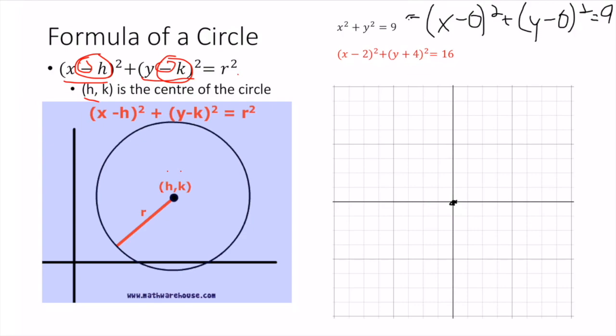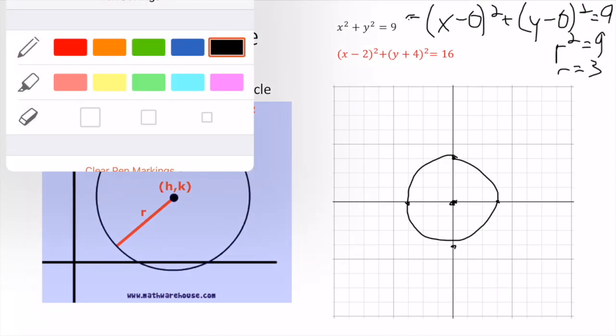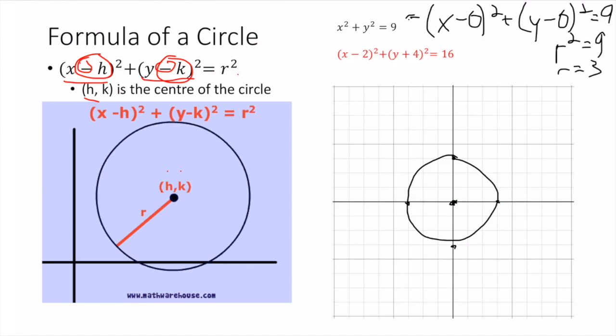R squared equals 9, which means my radius is just 3. If I were to draw this, my radius, all of these are just 3. My circle looks like that. That's the red one here.